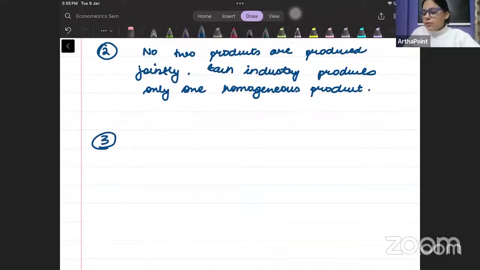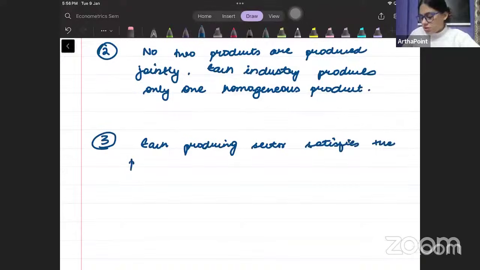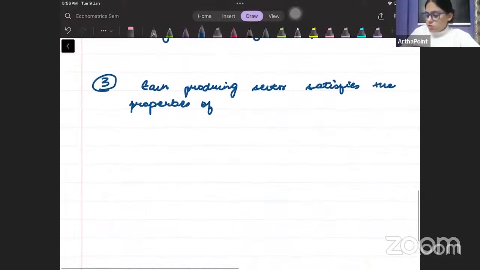माने अगर मैंने अपना, सपोज मैं अपनी स्टील इंडस्ट्री में जो भी इनपुट्स यूज कर रही हूँ, if I will double those inputs, then the output I produce will also be doubled. So each producing sector satisfies the properties of linear homogeneous production function.